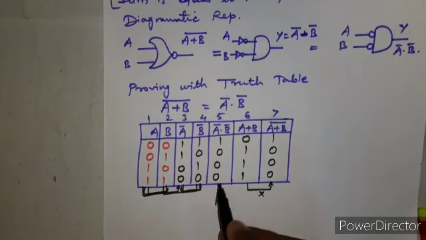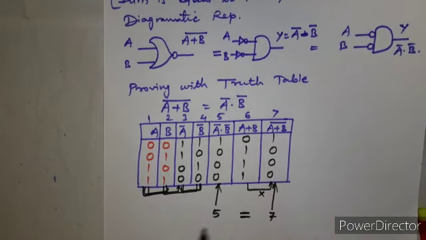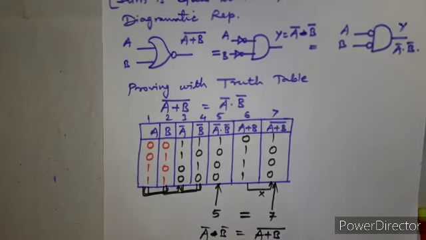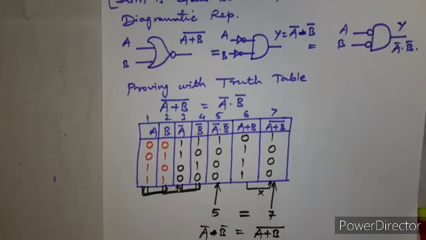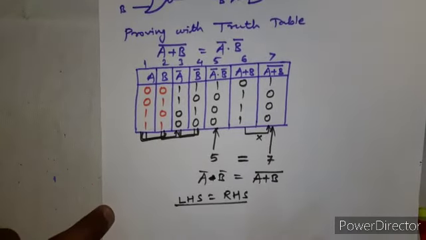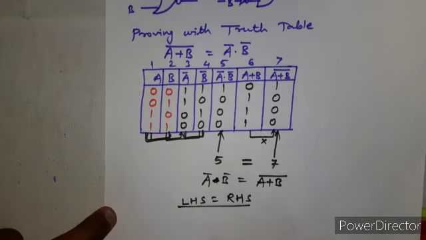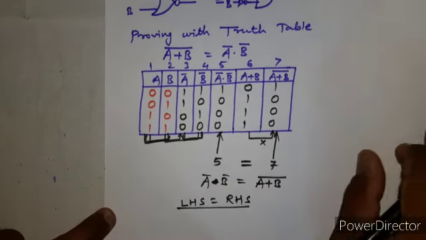And if you can see column number 5 and column number 7, they are same, right? So that is what our equation is: A plus B whole bar equal to A bar dot B bar. So can I say this LHS equal to RHS? Okay, so this is how De Morgan's theorem can be proved.